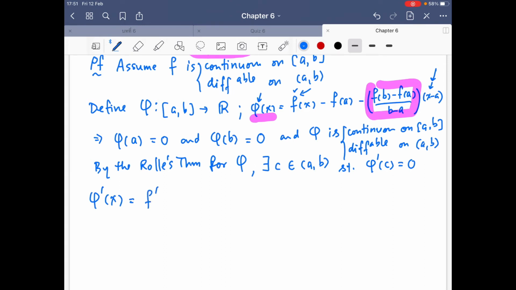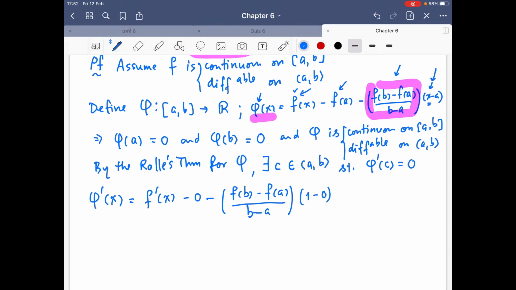It is f prime at x, and then the derivative of the constant becomes 0, and the derivative of the constant multiplied is only (f(b) minus f(a)) over (b minus a), and the derivative of that polynomial is 1 minus 0.